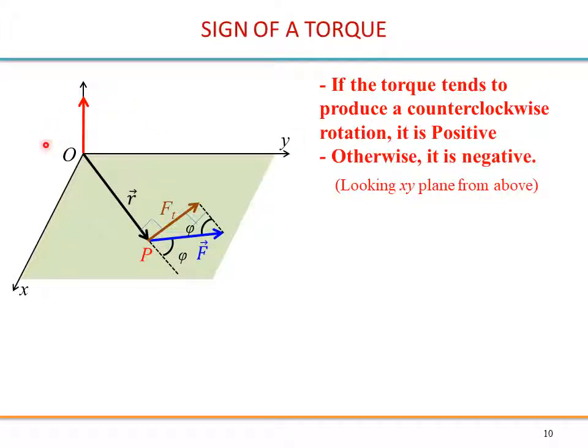So if it's moving this way, it's positive, which indeed is along positive z. Otherwise, it is negative. So this is the convention. So you can decide a positive direction like this. You could decide another, that the positive direction is clockwise, but then you have to be consistent across all your calculations.